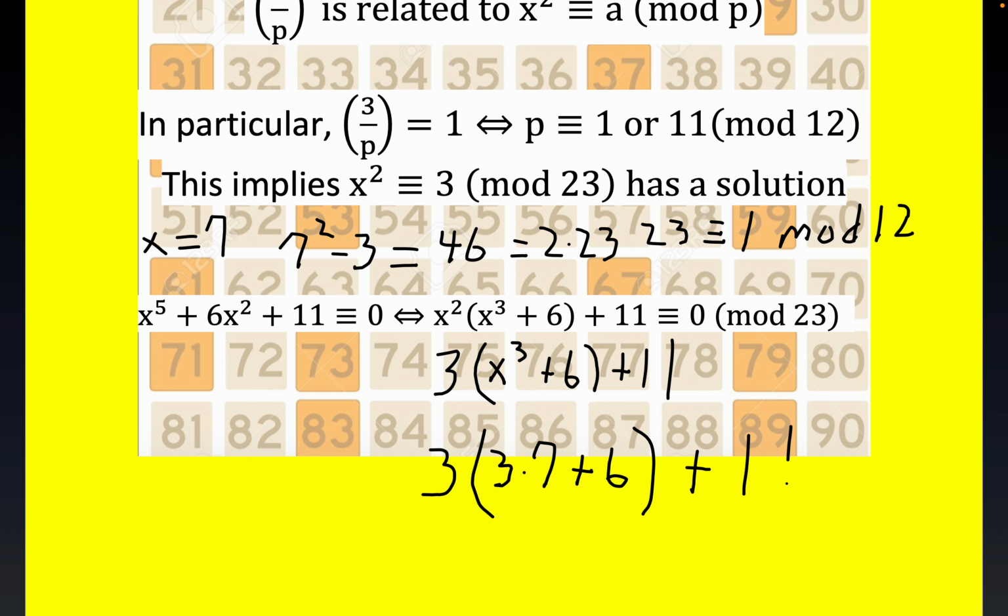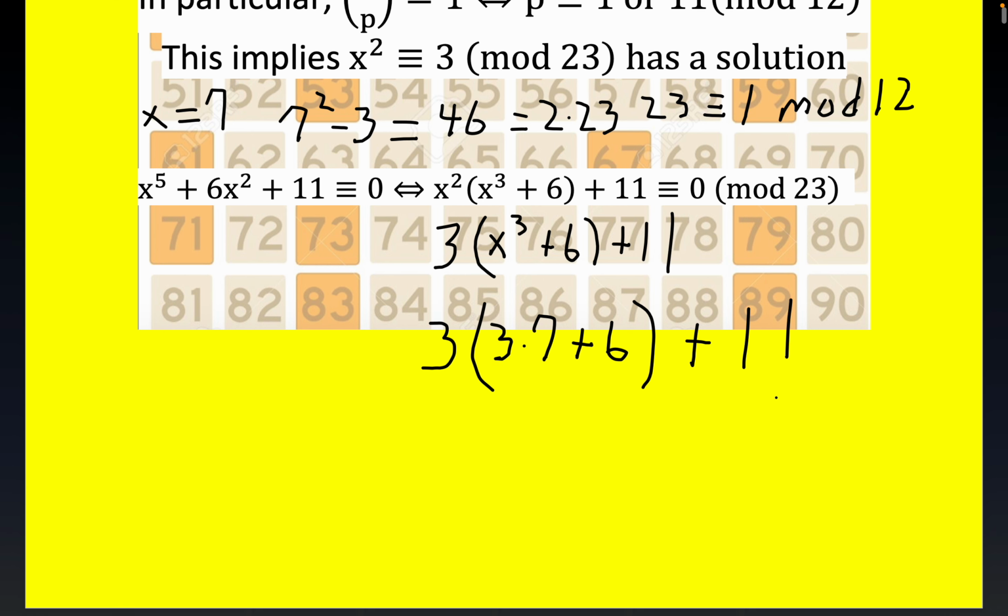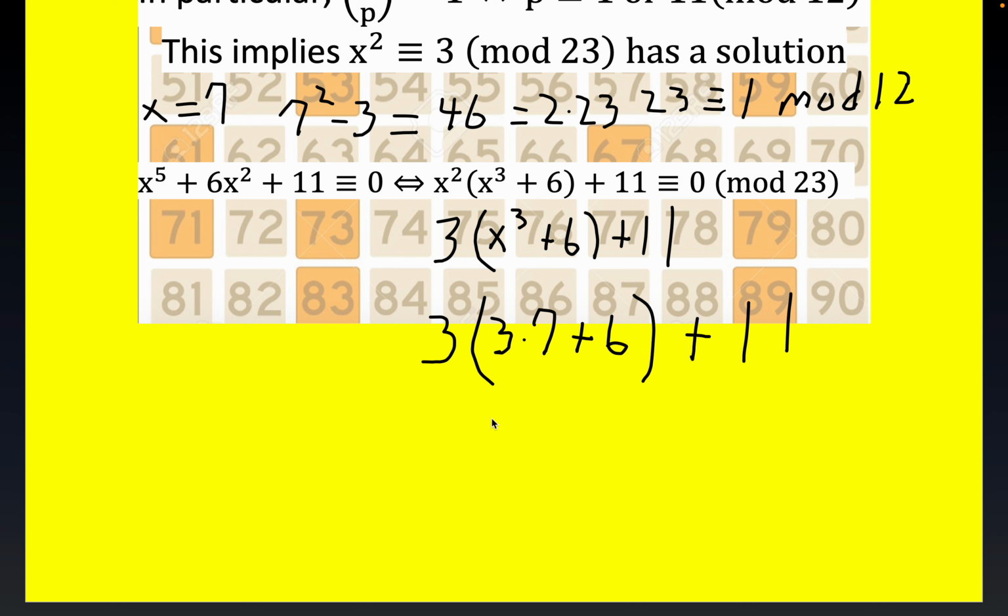So far, so good. What does that give us? 3 times 7 is 21. 21 plus 6 is 27. Then 81. So this would be 81 plus 11.